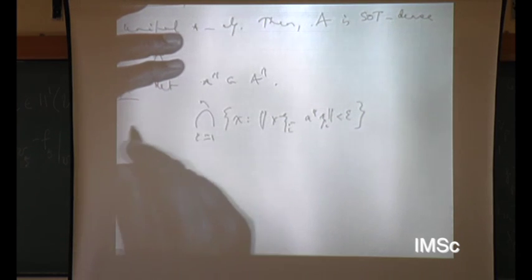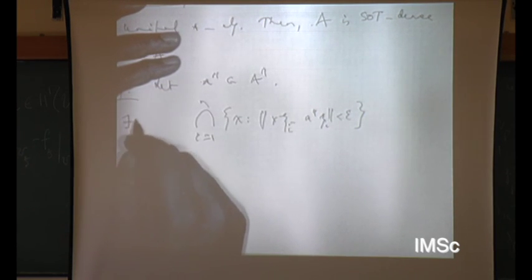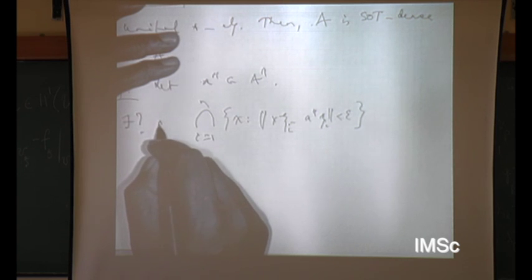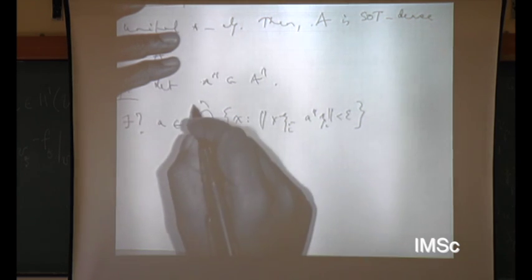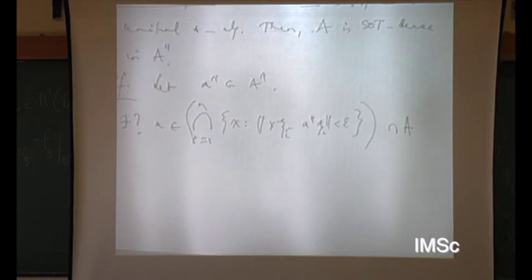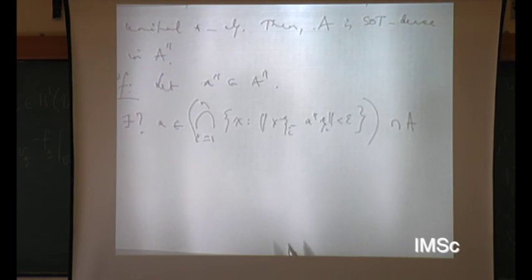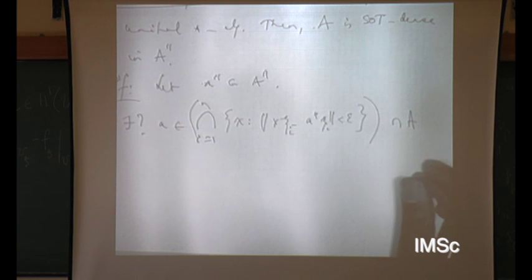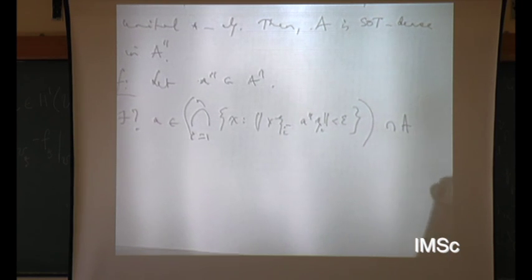So we want to show that every basic open neighborhood of A double prime contains something in A. Right?